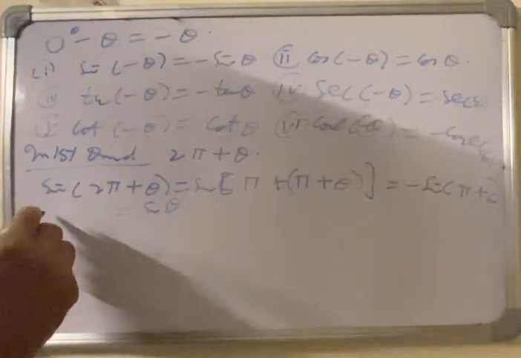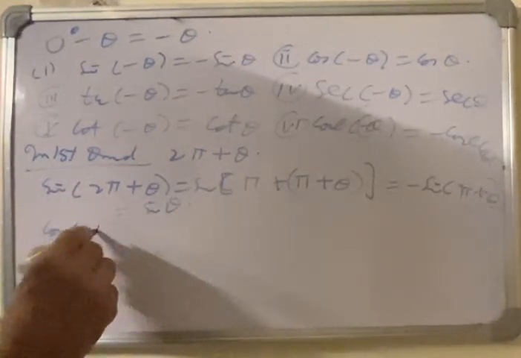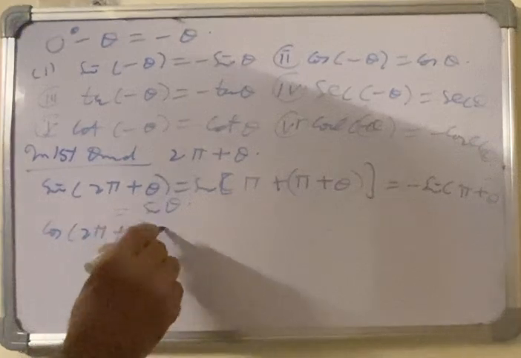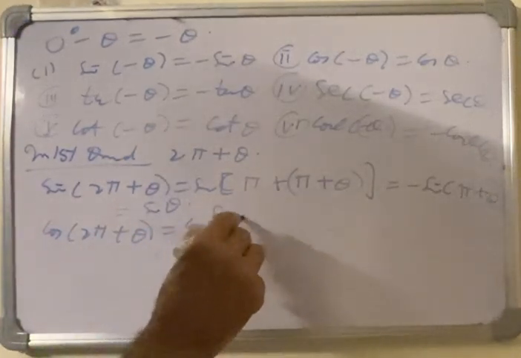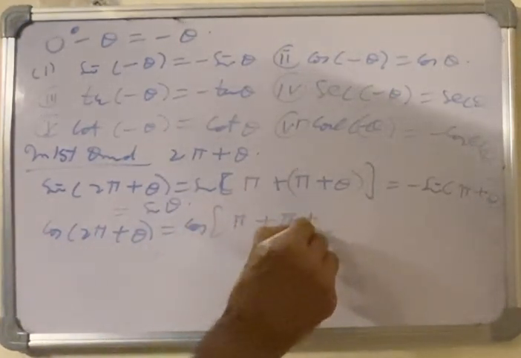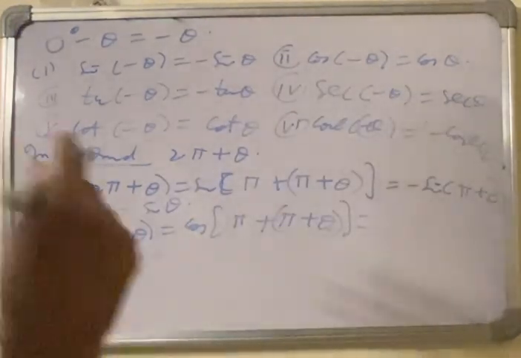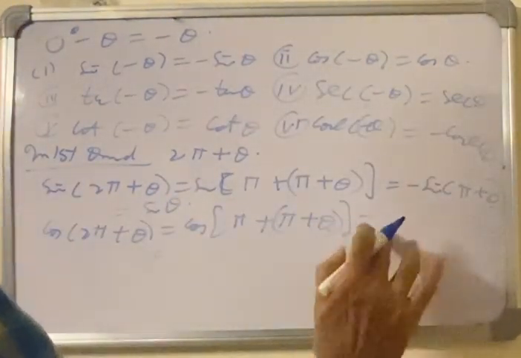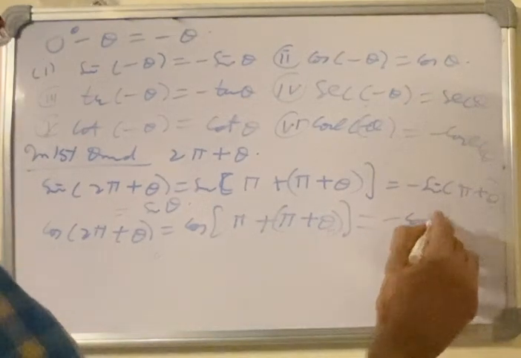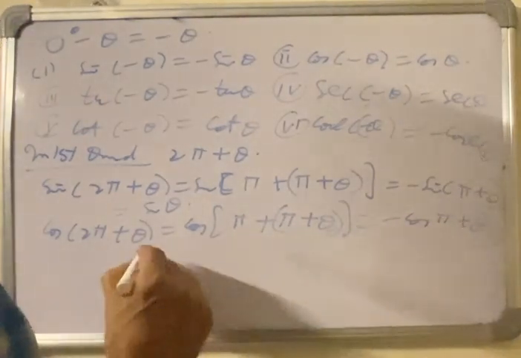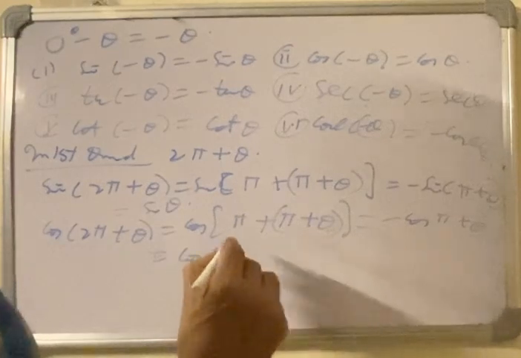Then cos 2 pi plus theta is cos pi plus theta. In third quadrant it is minus cos theta. Again this is cos theta. Why?